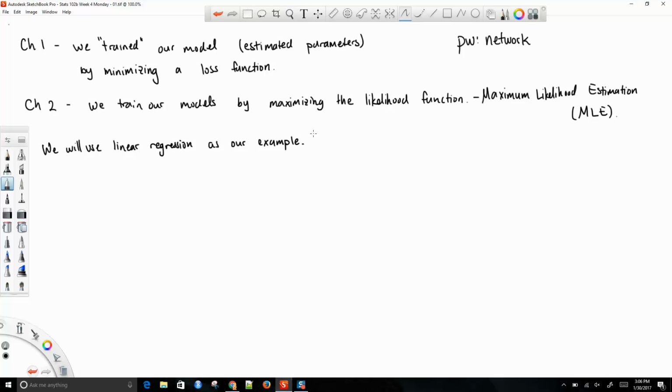So again, in chapter 1, we were trying to minimize the loss function, which we defined as the sum of squared residuals. This time, we are going to have a generative model.